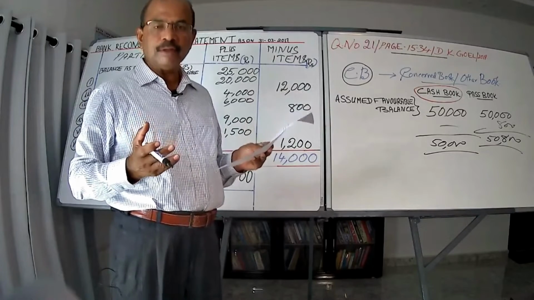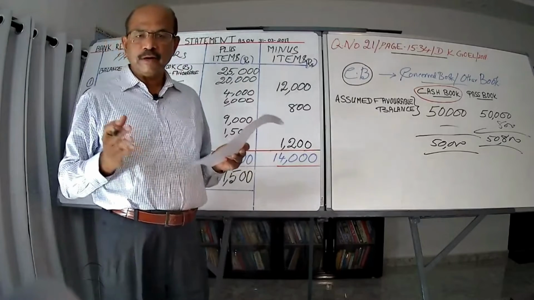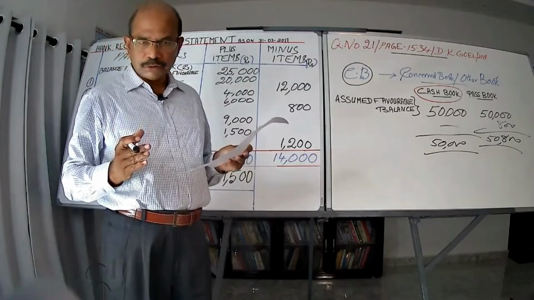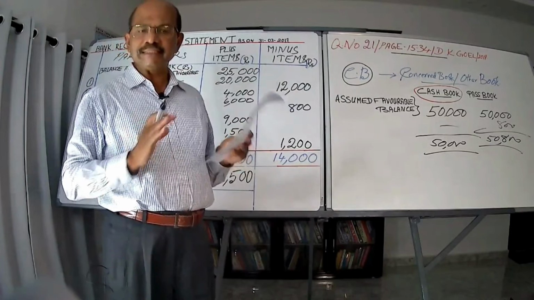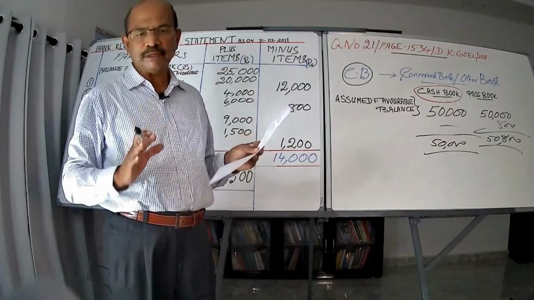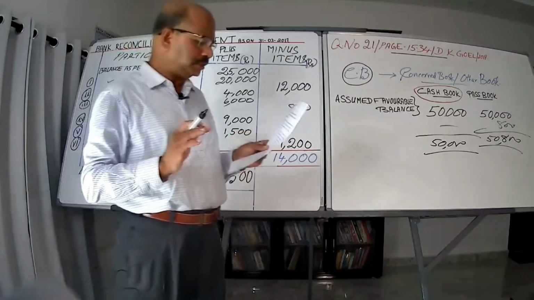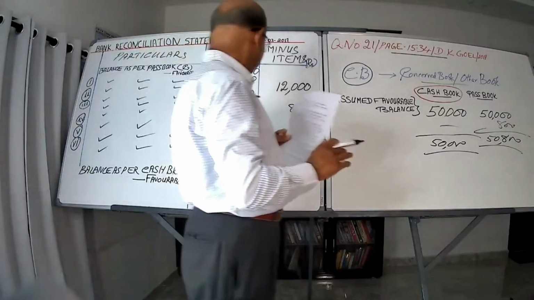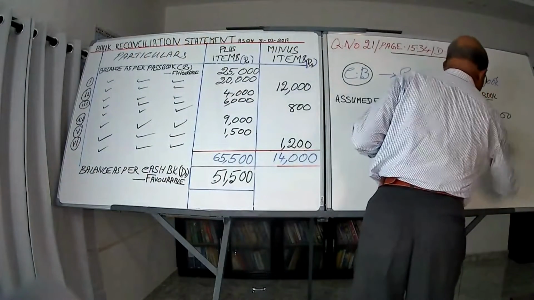What does dishonoring mean? You will be very thorough when I teach the bill of exchange chapter in due course. As of now, just take it for granted. It is a bill dishonored by the bank, and the bank reduced my balance, whereas I was not aware. That's all. What's the amount? 9,000. Okay. So let us take this also here.